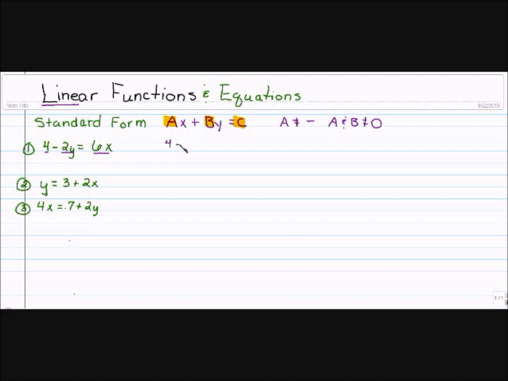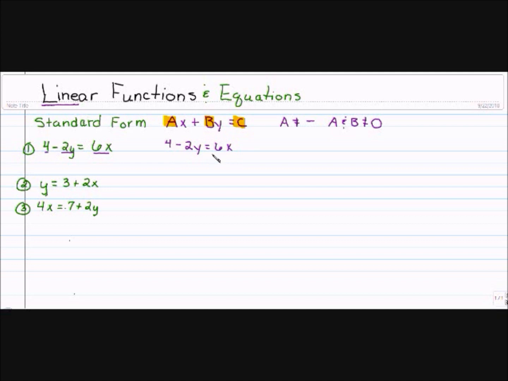I'm going to rewrite my problem. Now here I'm not actually solving numbers. I'm just moving them from one place to another in order to put it in standard form. I already have my y on this side of the equation. I need to move my 4 over to the other side, and then I need to move my 6x over to the other side.